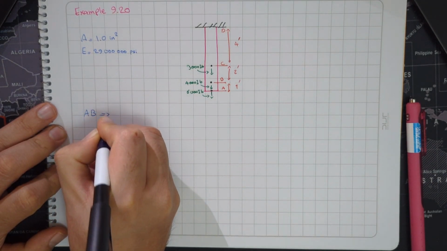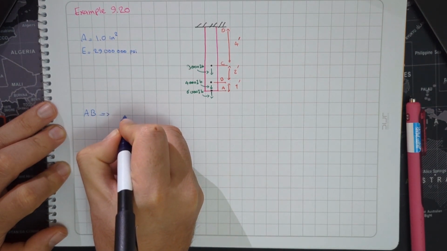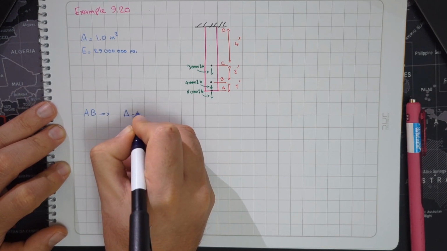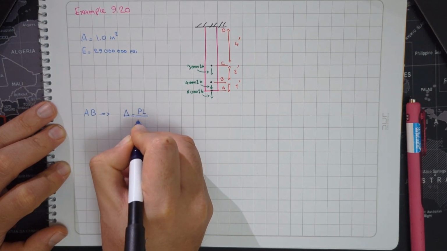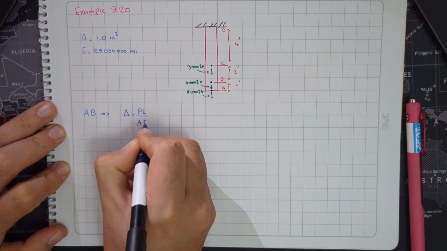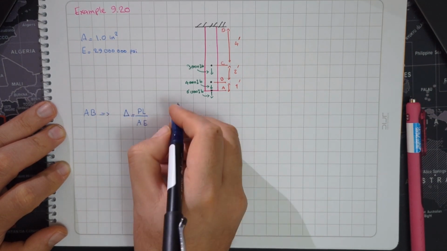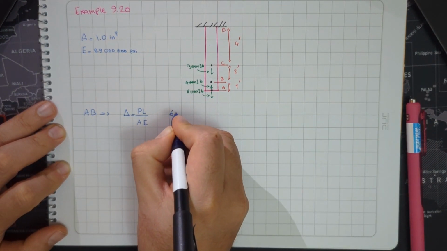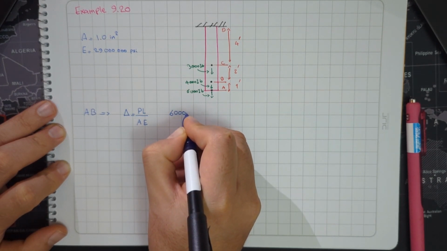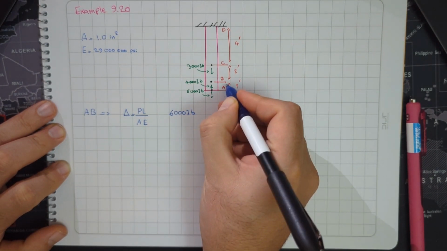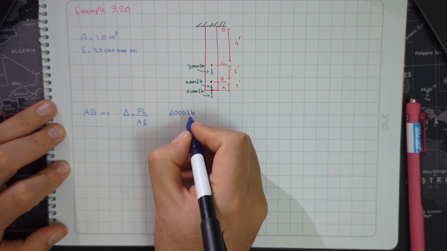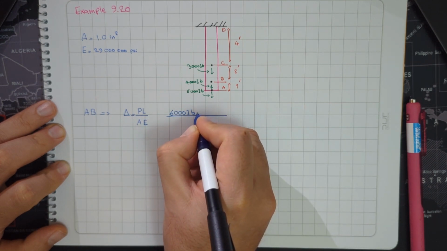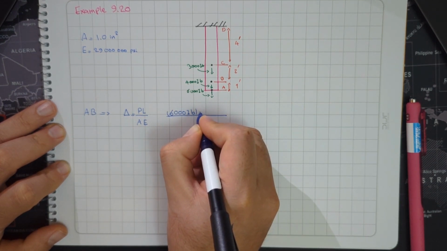AB elongation, or delta, equals PL over AE. So P is 6,000 pounds. How much is the L? It is 1 foot, but we don't want feet, right?